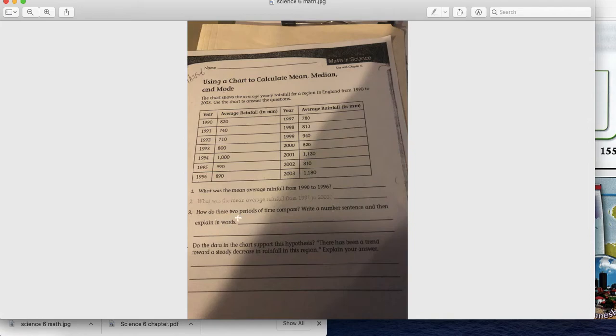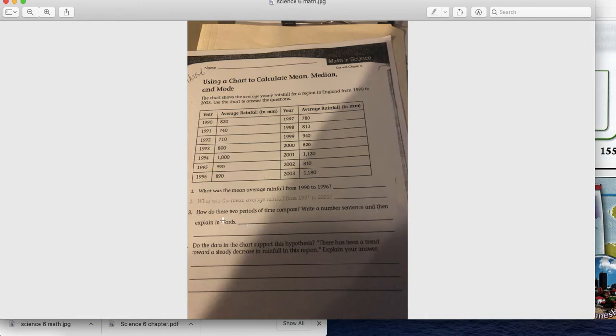Question 3. How do these two periods of time compare? Write a number sentence and then explain in words. So my number sentence goes like this. 850 is less than 923. So that's my number sentence, guys. I just wrote the numbers and math symbols. I wrote 850, and I gave the less than symbol, is less than 923.